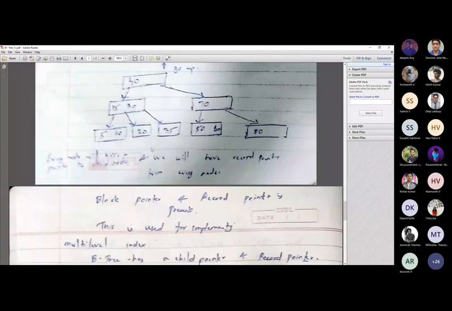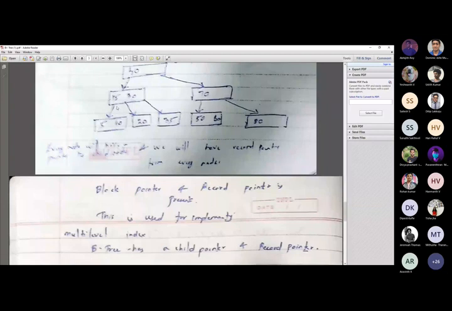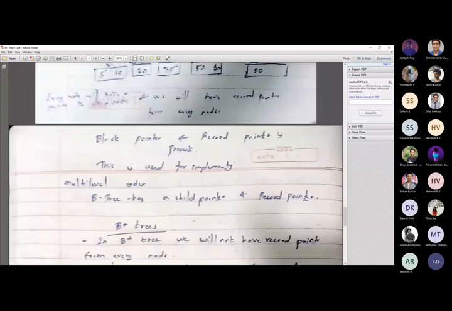The primary index will be present in the memory, and the secondary index will be present in the secondary storage device, so that even if the index size increases, you need not have the entire index file in the memory. The first level of indexing is done in the memory, and the second level of indexing is done in the secondary storage device. So B tree has a child pointer and a record pointer.